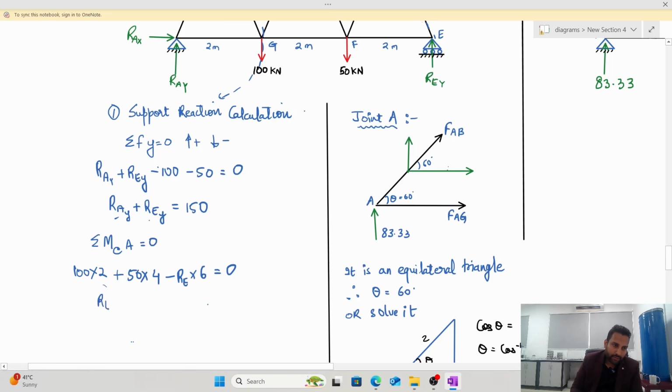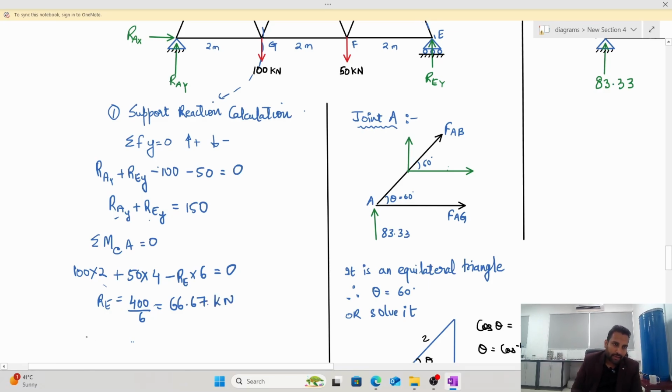So, RE is equals to 400 over 6, which is 66.67 kilonewton.